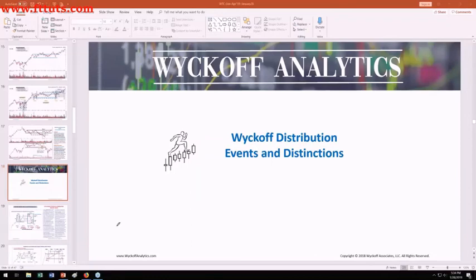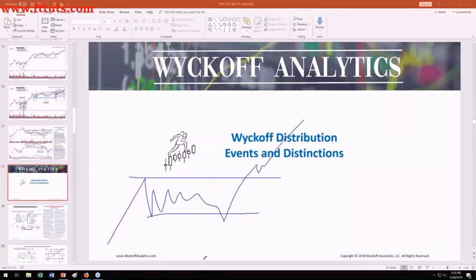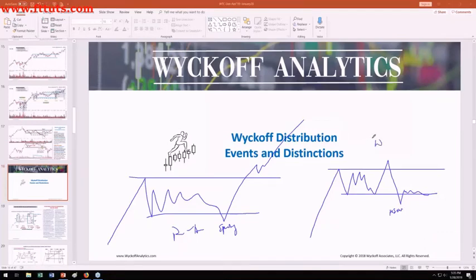The difference between a spring in the reaccumulation and a major sign of weakness in the distribution. So what's the difference, right? Because they're going to look the same or somewhat the same.